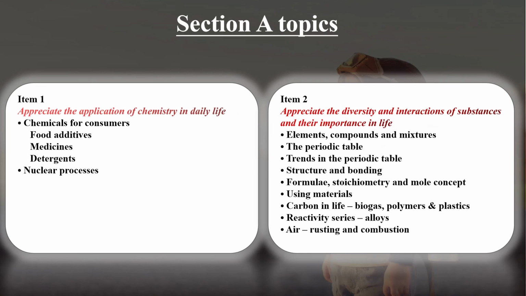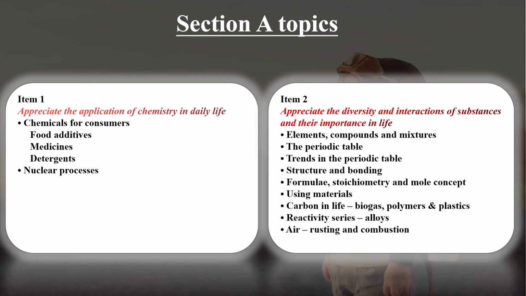So the areas where you'll be assessed in section A, item 2 are elements, compounds, and mixtures, the periodic table, trends in the periodic table, structure and bonding, formulas, stoichiometry and mole concept, using materials, carbon in life, reactivity series, and air, which involves rusting and combustion. Those are the areas in which you'll be assessed in item 2.